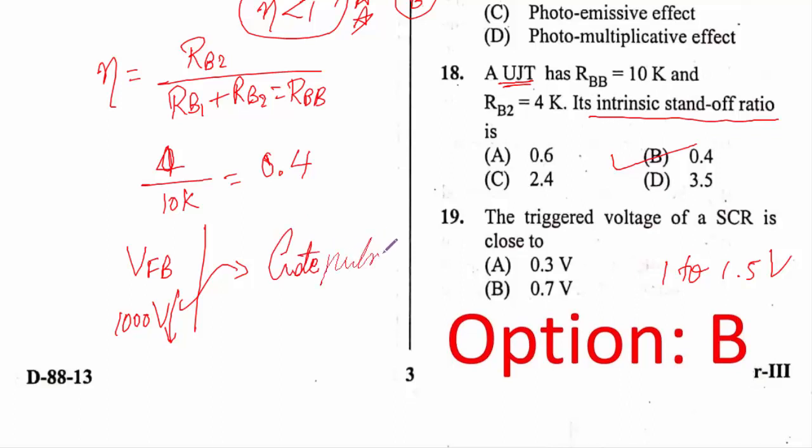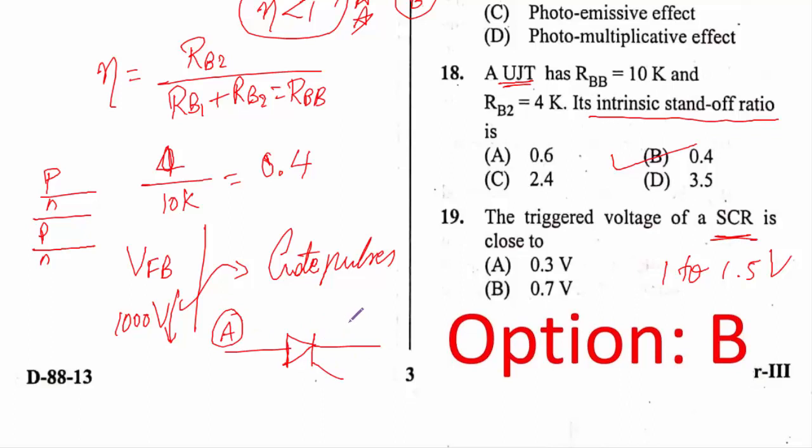This SCR will be having 3 junctions, nothing but PN, right? So here you will be having one junction, here one junction, here one junction. So the symbol you are going to represent is like this. So this terminal is anode, this terminal is cathode, and this terminal is your gate pulse. You are going to inject the gate pulse.